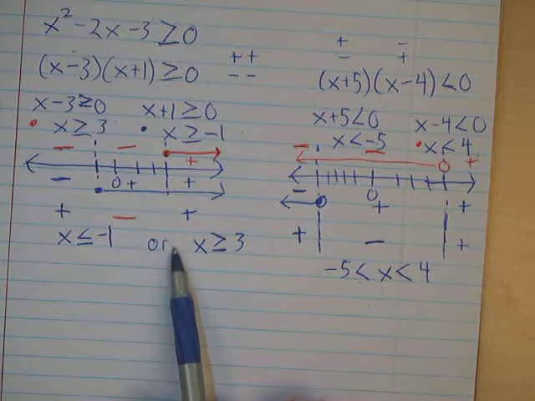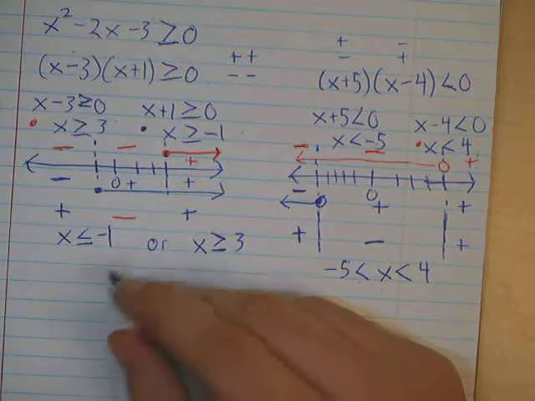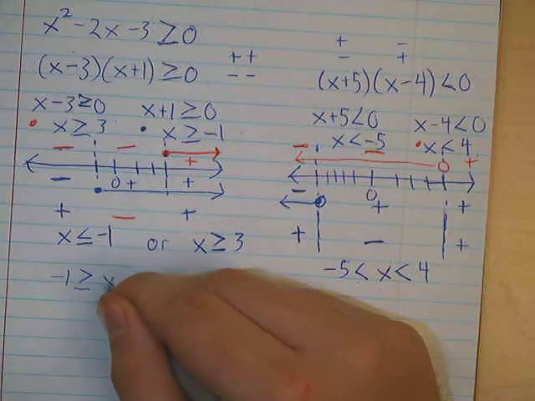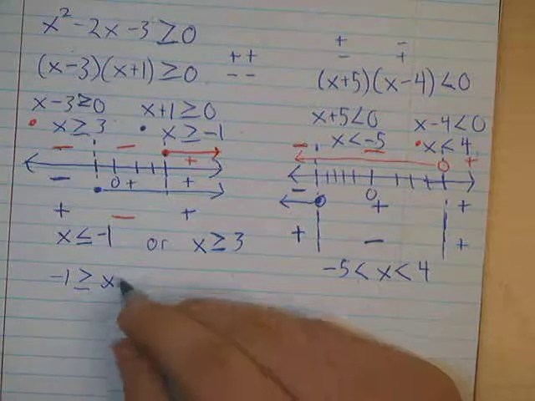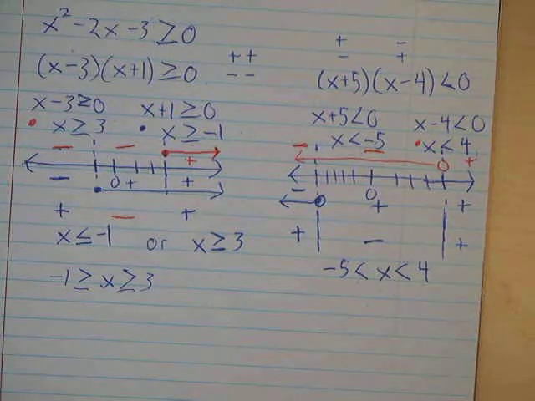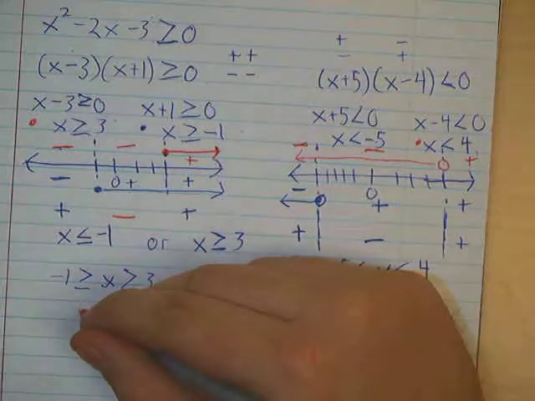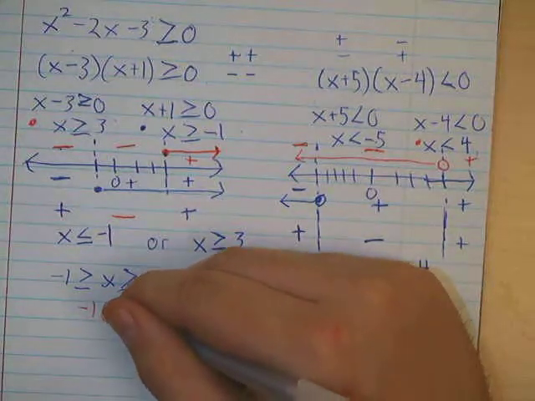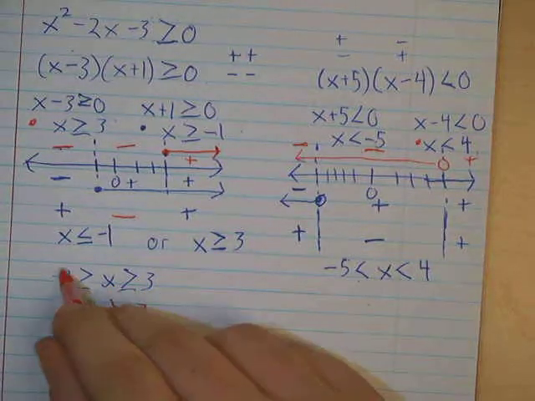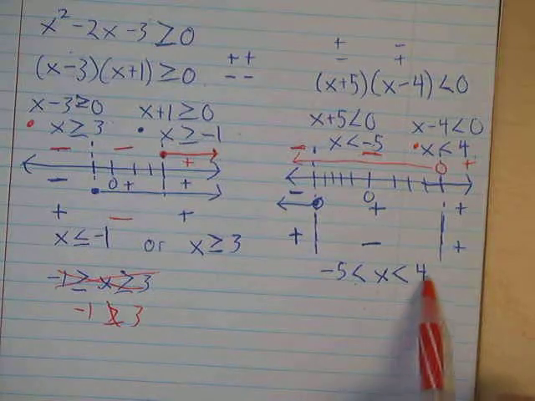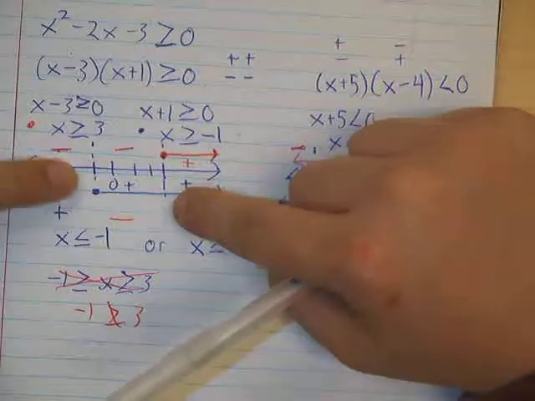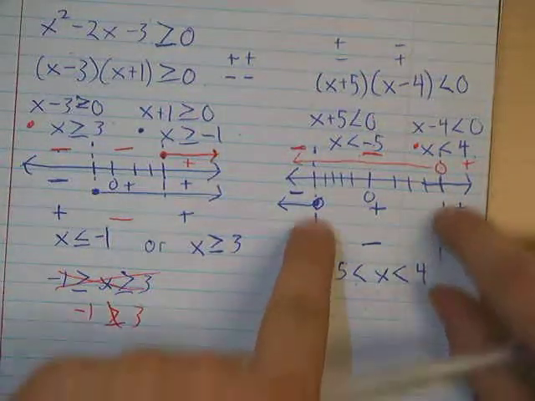You'll notice that here I combined my two inequalities, and here I left them separate. That's because if you tried to write this as one inequality, saying maybe -1 is greater than or equal to x, I just flipped this around, which is greater than or equal to 3, this implies that -1 is greater than or equal to 3, which is not true. -1 is not greater than or equal to 3.